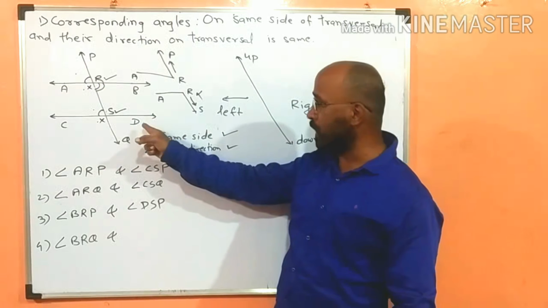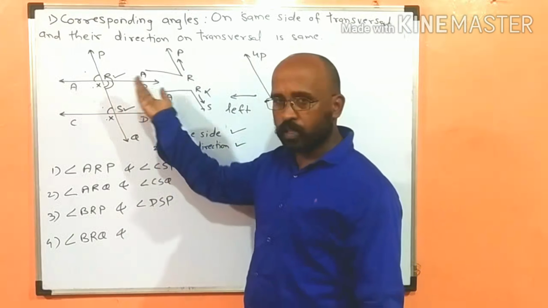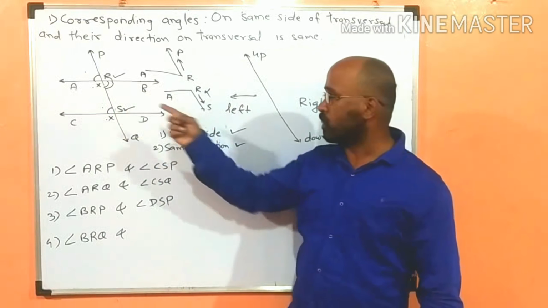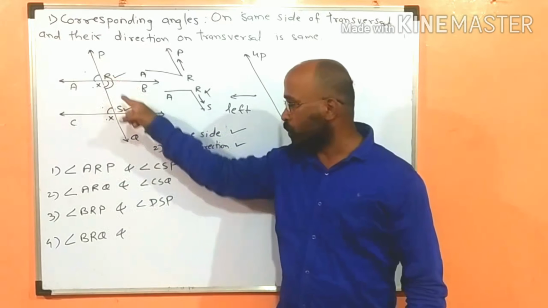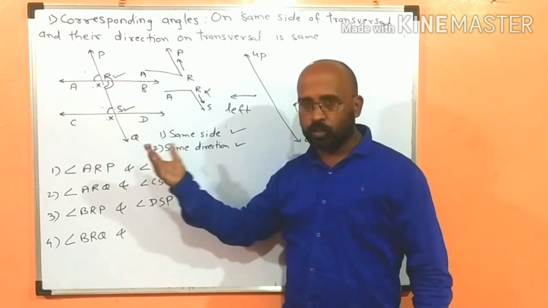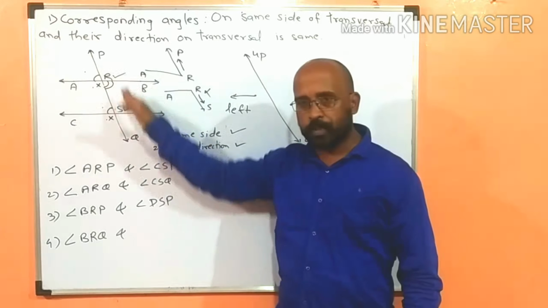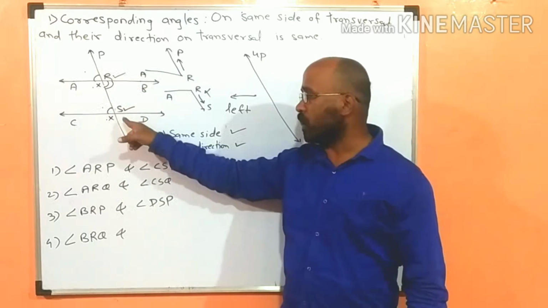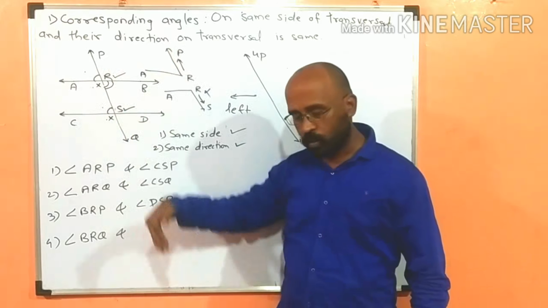So final one is angle DSQ. Angle BRQ is on the right side of the transversal. Its arm RQ is on the transversal. RQ is going towards down. Angle DSQ is on the right side of the transversal. Its arm SQ is part of the transversal, and direction of the arm SQ is towards down.